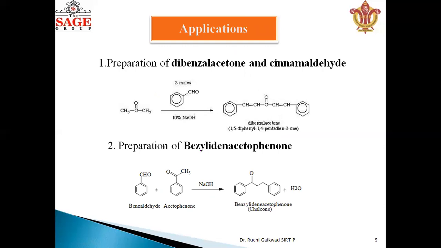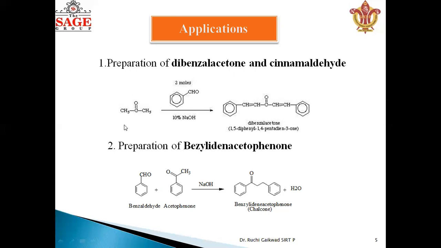Now let us discuss the different applications of this Claisen-Schmidt condensation reaction. Firstly, it is used in the perfume industry. Dibenzylacetone and cinnamaldehyde are used as perfumes. So this reaction helps in the preparation of perfume products.